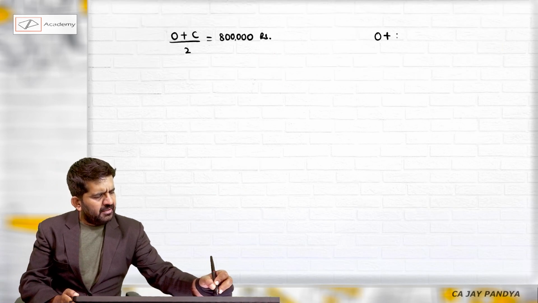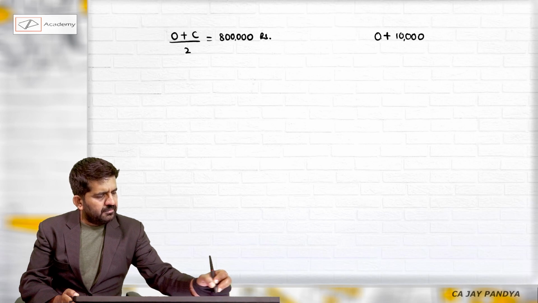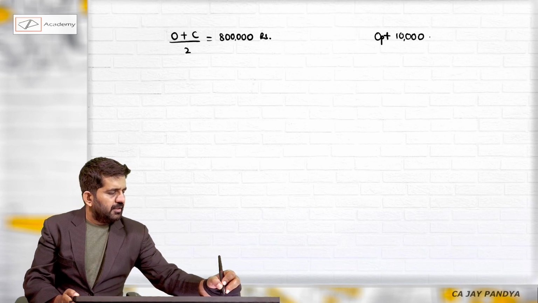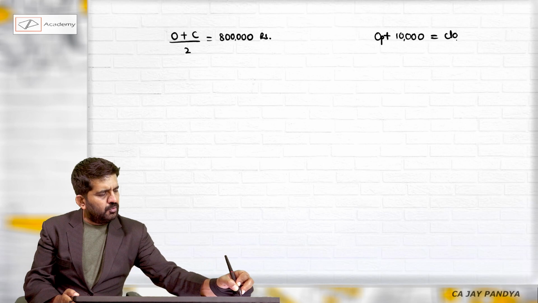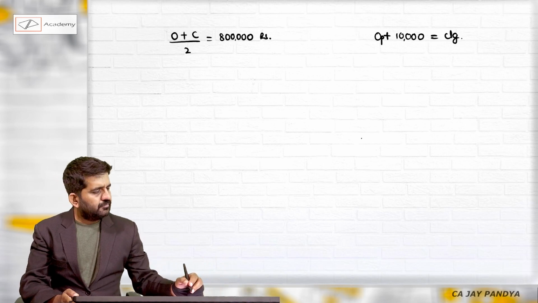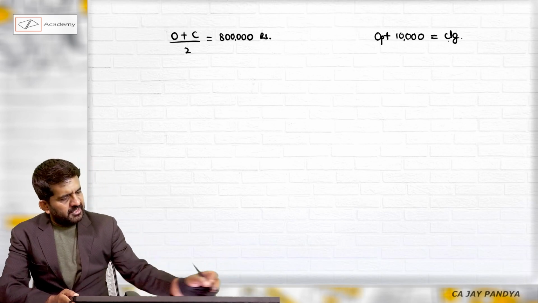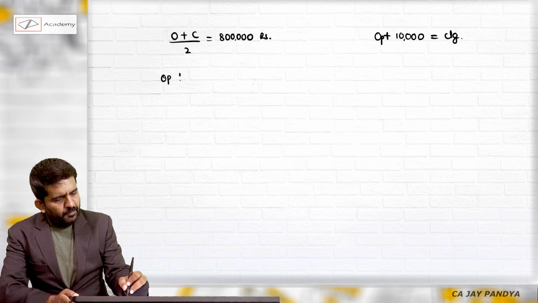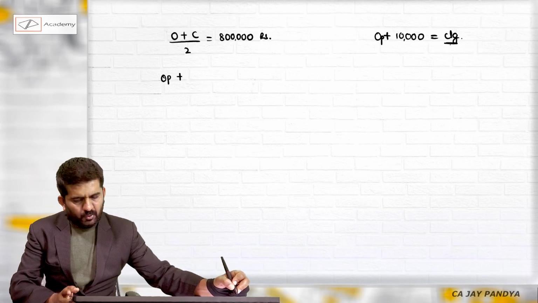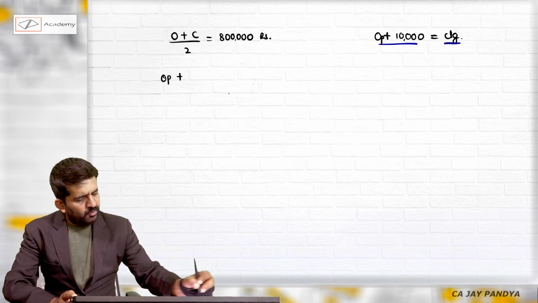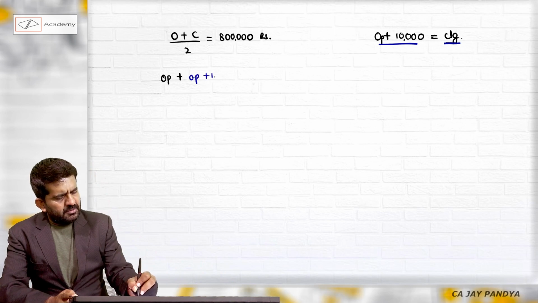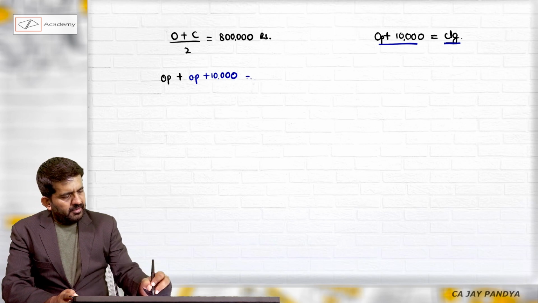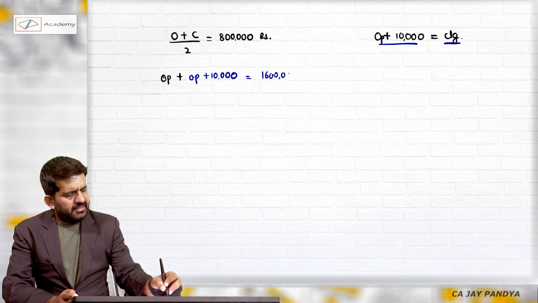So opening, let me write down OP, plus 10,000 is equal to closing. So instead of closing, I can write down opening plus 10,000, and the equation is equal to 16 lakhs.